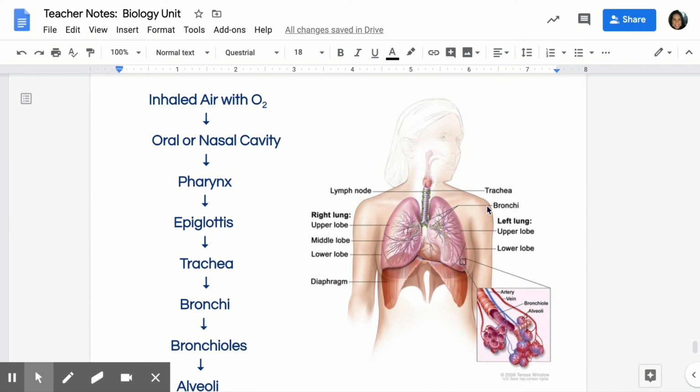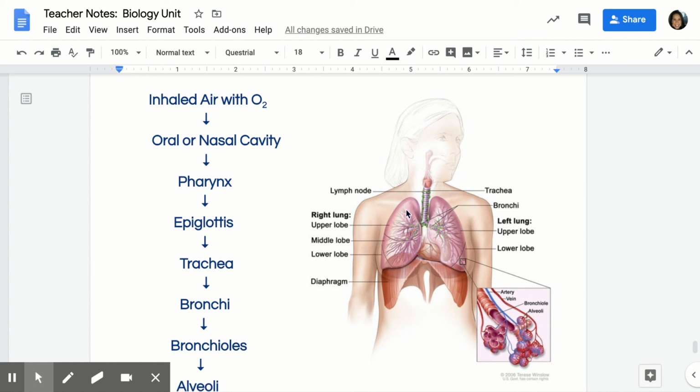Essentially, this is exactly how air is going to pass through our body. We're going to inhale our oxygen with our oral or nasal cavity. It's going to pass along through our pharynx, which is right here, back through our epiglottis. Our epiglottis is this flap of skin that differentiates between our esophagus and our trachea.